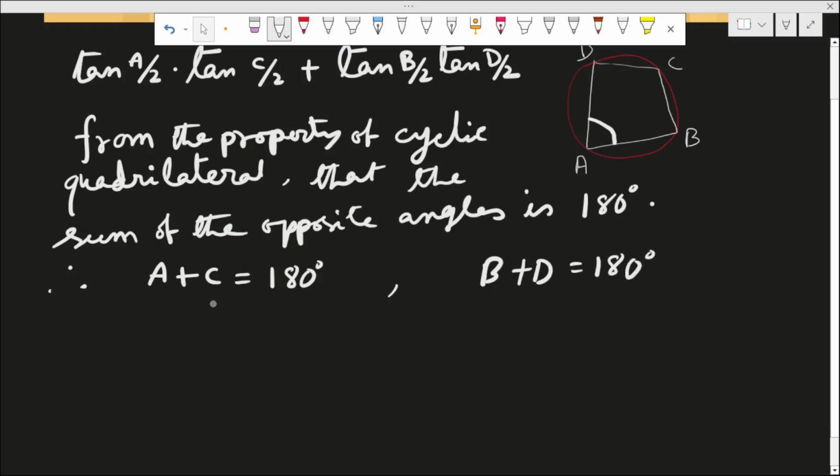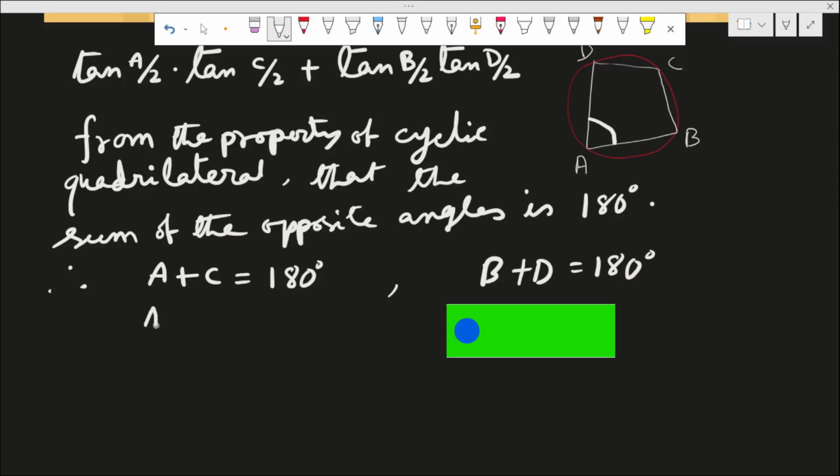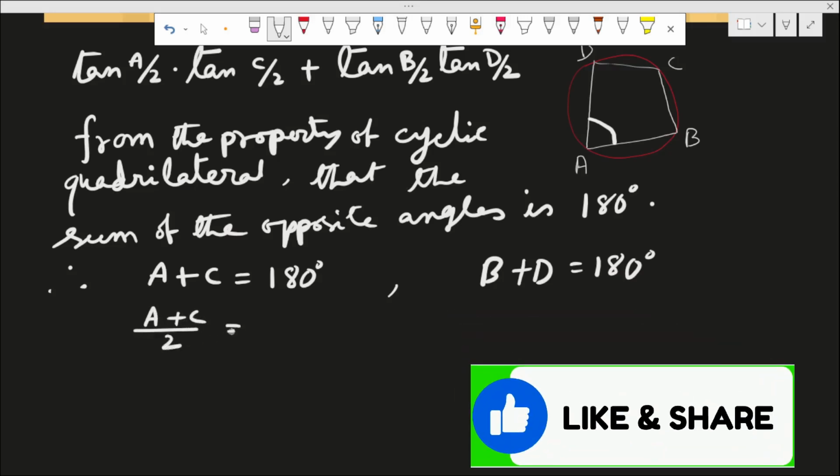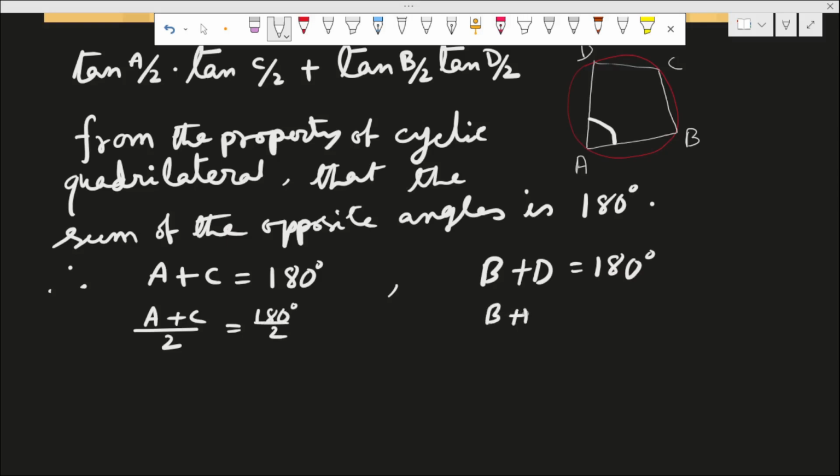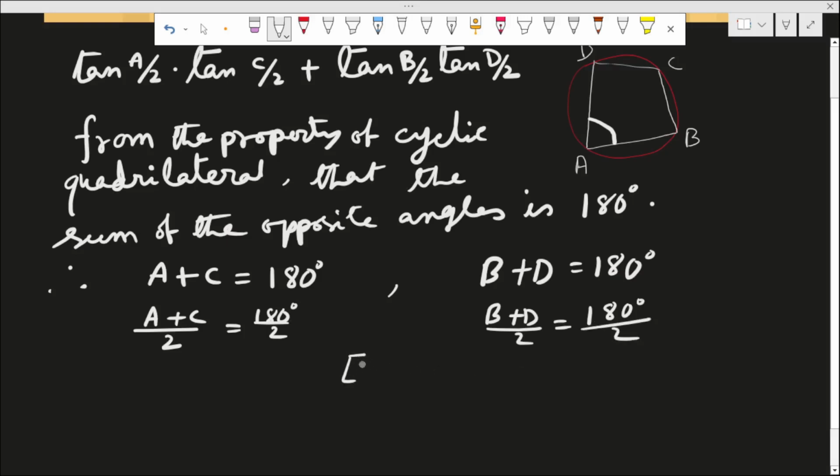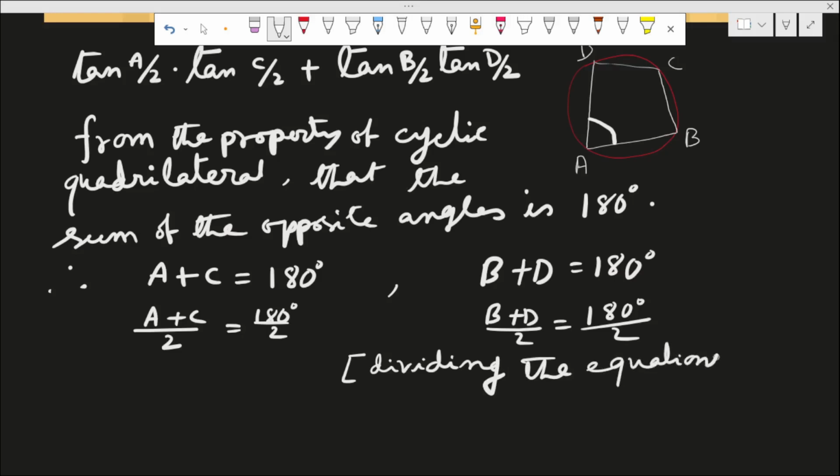So we have two equations involving A and C, and B and D. But in our question, the expression involves A by 2, C by 2, so writing A plus C by 2 equal to 180 degrees by 2, and B plus D by 2 equal to 180 degrees by 2, dividing the equations by 2.